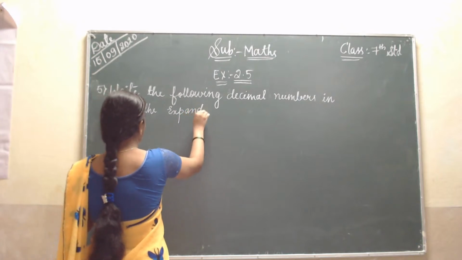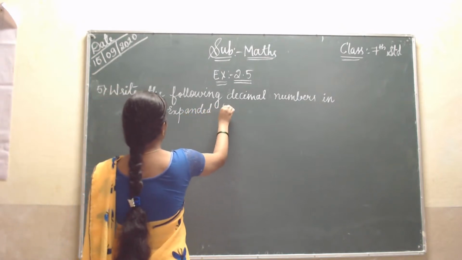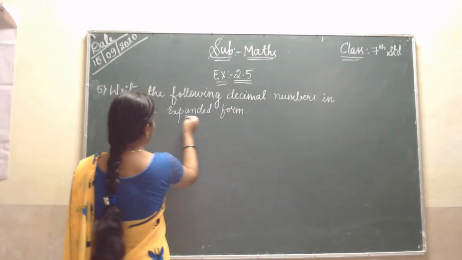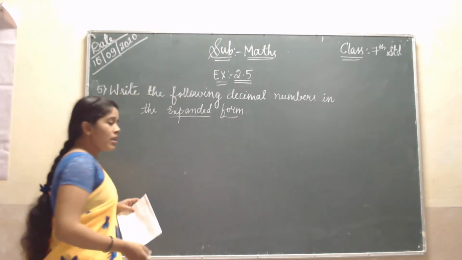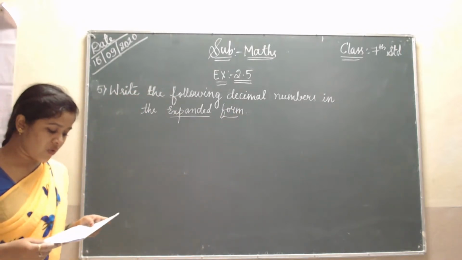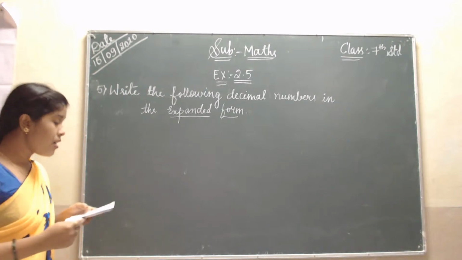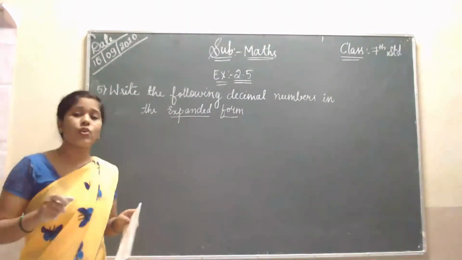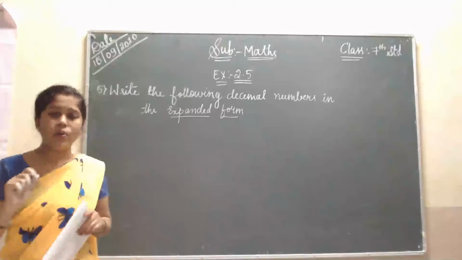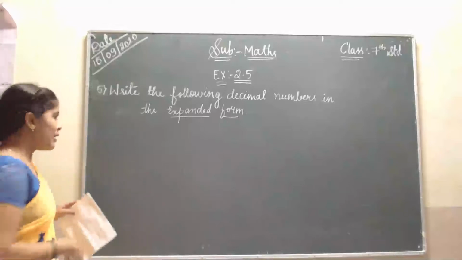Expanded form. Maybe you have heard this name. In small classes you have learned how to expand, but here the question is in decimal. So how to expand decimal, we learn here.